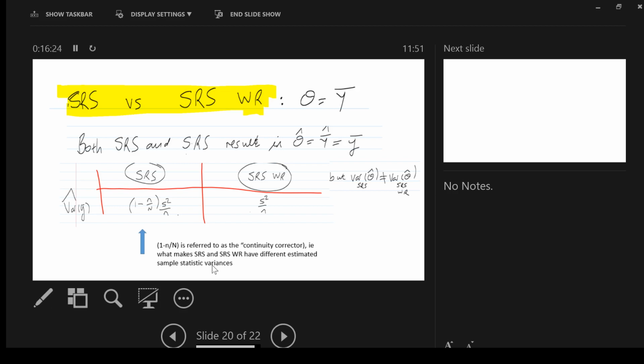So that's a continuity corrector. In other words, with replacement would be S squared over n, if you could replace and sample until it's continuous, you never stop. If you're without replacement, you have the same variance as in the case of continuous sampling, because with replacement is continuous sampling. But because you multiply it by this thing, that's called the continuity corrector.